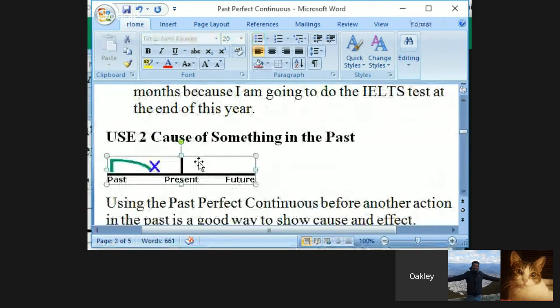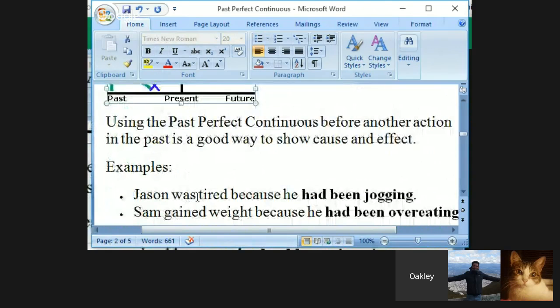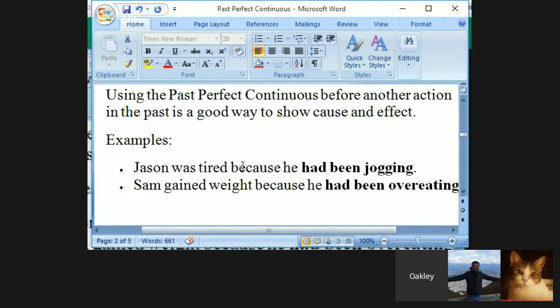It's still the same thing. We've still got the same graphic here to look at, but this green action caused X is the idea. This is a pretty common way to use past perfect continuous, because we do want to emphasize the verb.